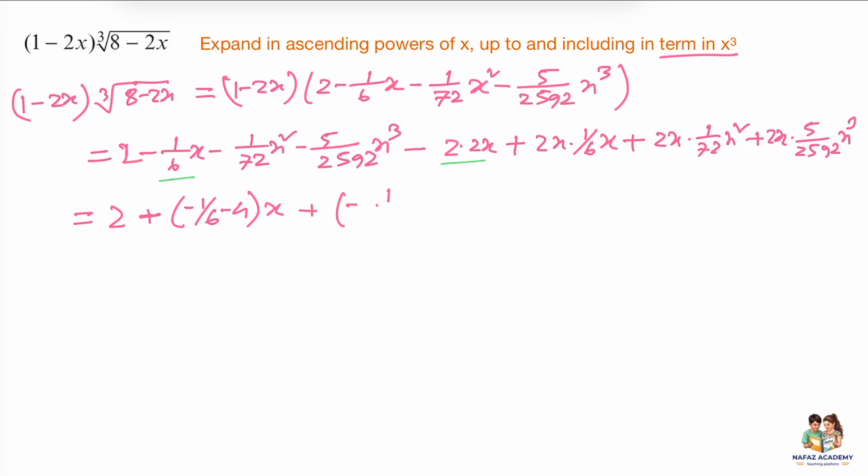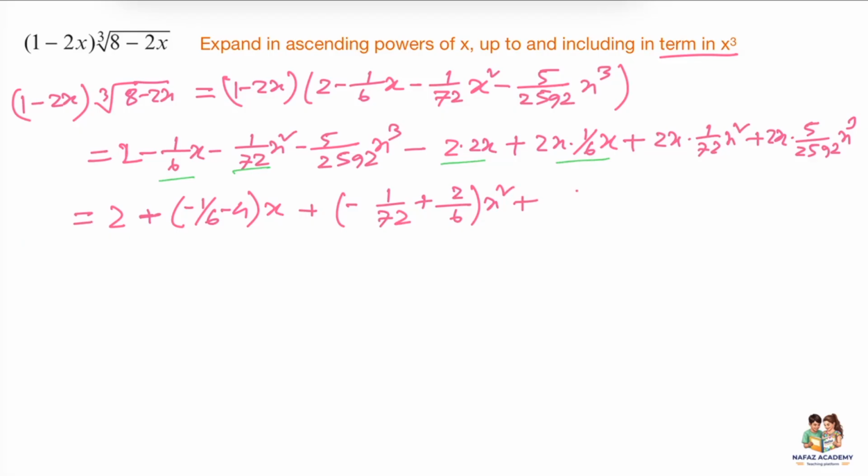I use the plus sign, there is a reason. And 1 over 72, and there is another x square term, this one is the x square term, minus 1 over 72 plus 2 over 6 x square.